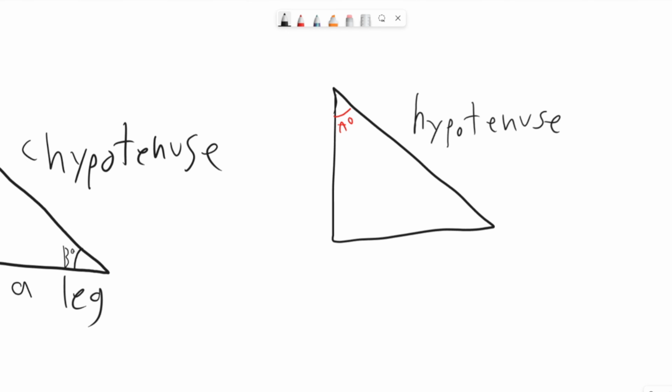That will not change. However, this is not called the leg anymore now that we've narrowed it down to a specific angle. We want to give these their own names. And so the length here, which is opposite to our angle, we're going to call opposite.